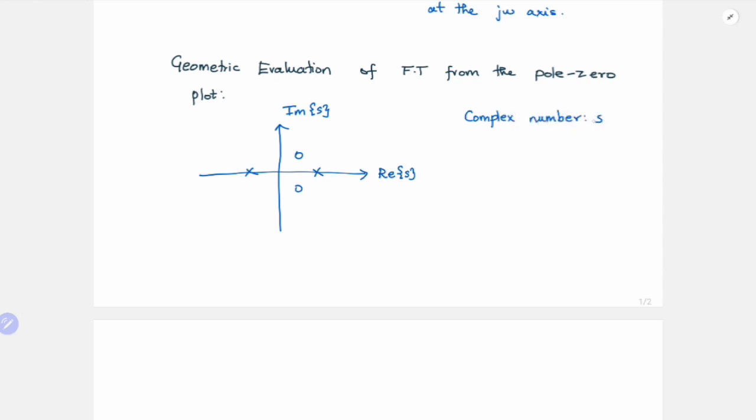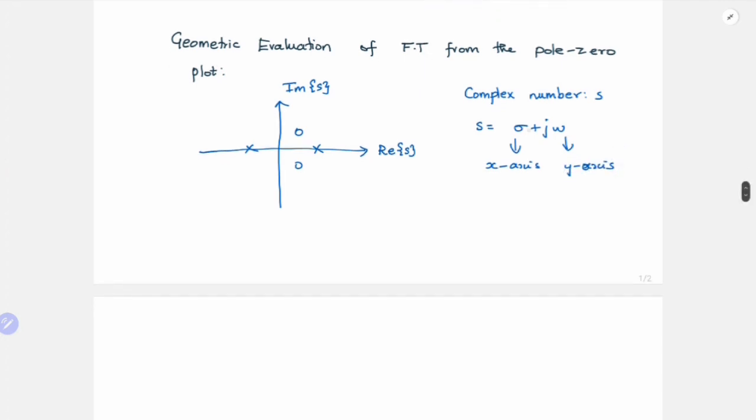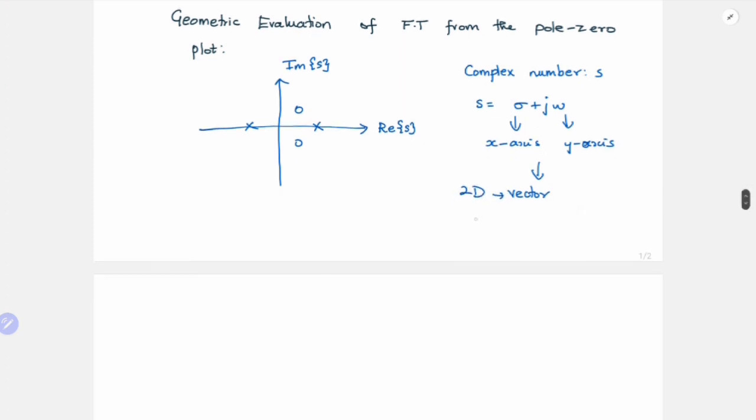Now for a complex number, we write it as sigma plus j omega. So this is like the x-axis and this is like the y-axis. We can't directly add the x-axis with the y-axis, so it also in some terms acts like a vector, a two-dimensional vector kind of. So if we want to do operations like addition of two vectors, we can perform them even in the complex domain.